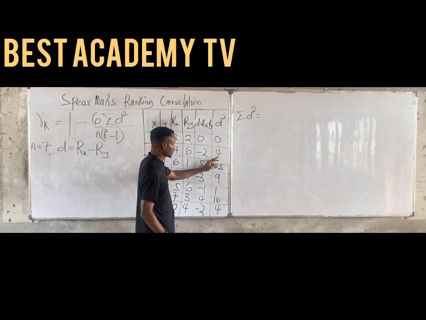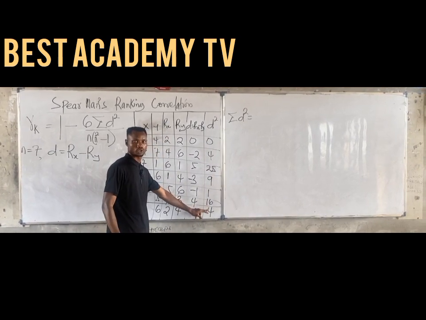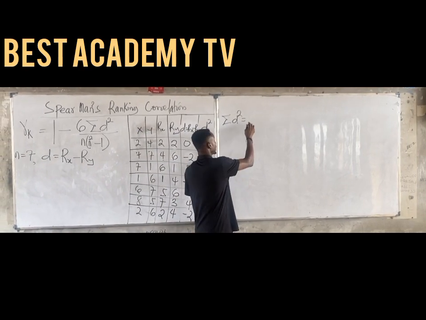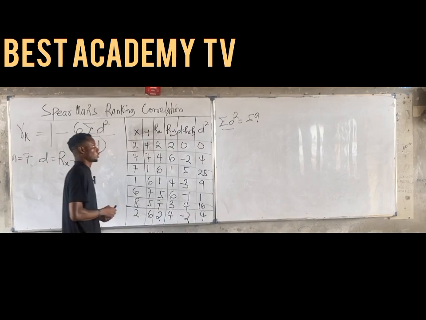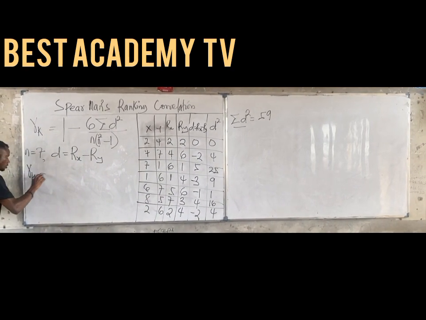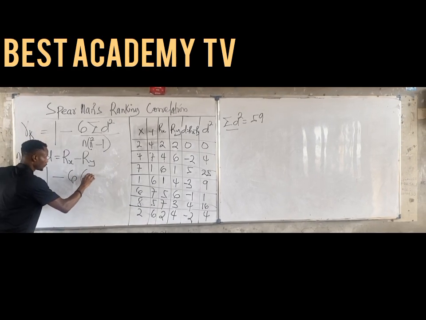This plus this plus this plus this plus 16 plus 4. 59. So this will be 59. So anywhere you see sum of d squared, you put 59. So the ranking of this will be equal to 1 minus 6 into 59.